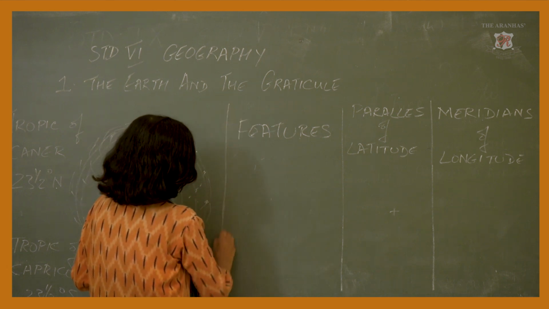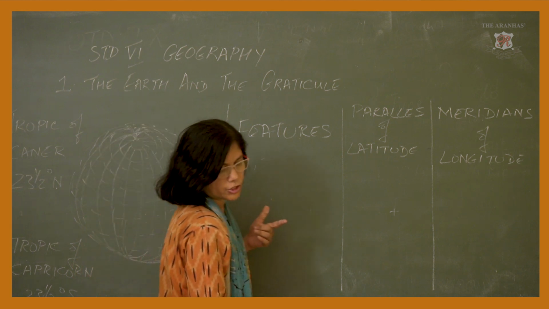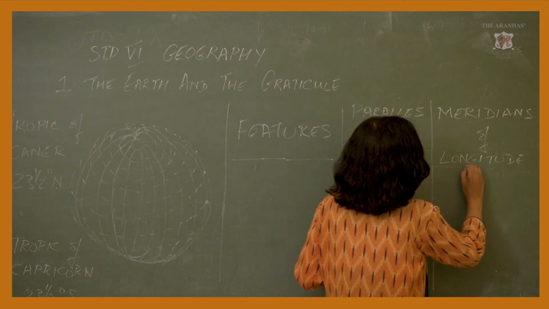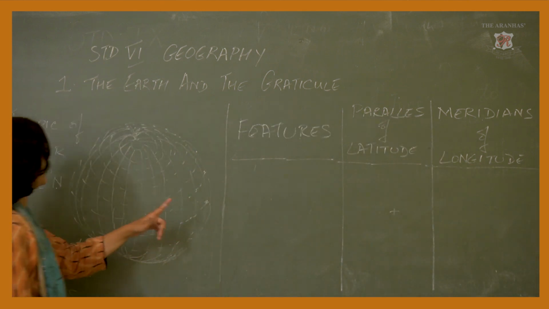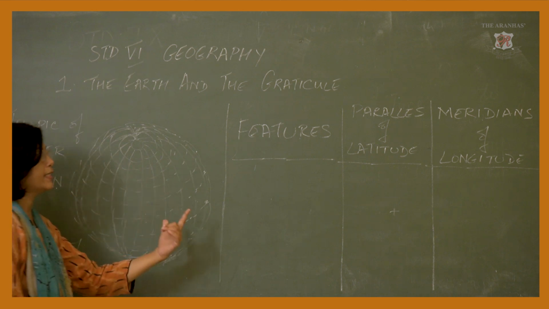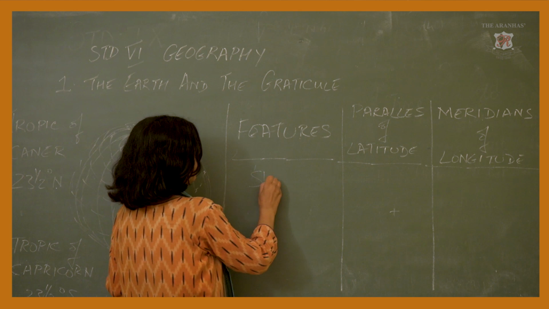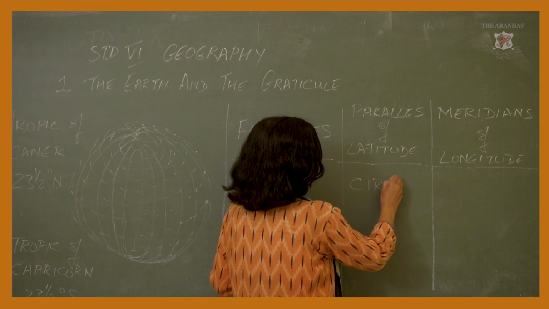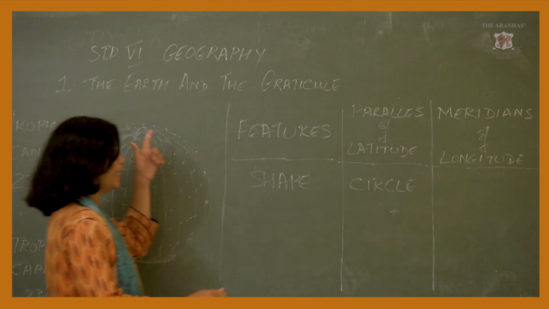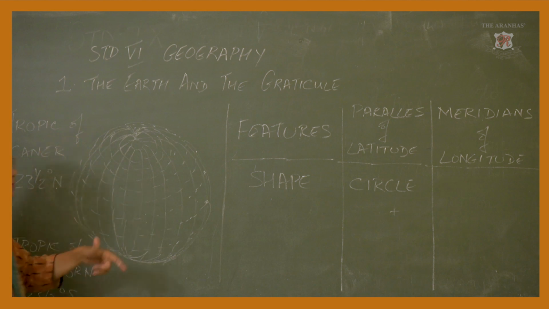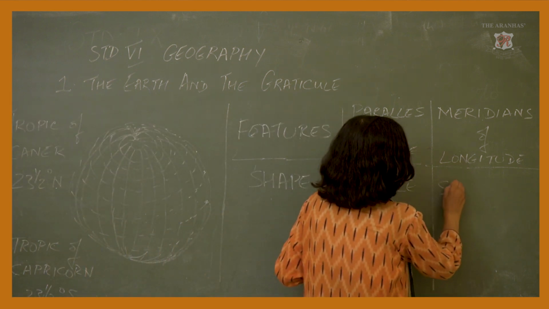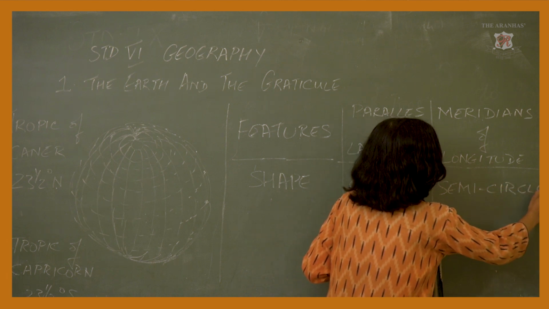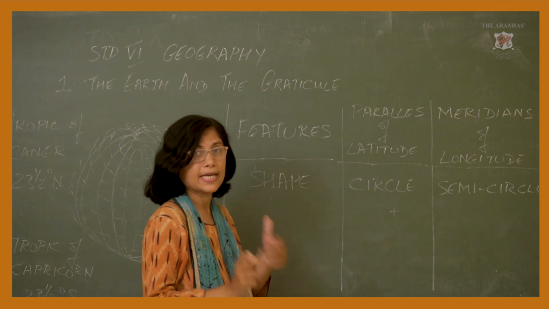I want to see with regard to the shape. First, I want to know the shape. Do you remember how the parallels of latitude run? They are in the shape of a circle. And how do the meridians of longitude run? They are in a semicircle. Next, I want to know the size.